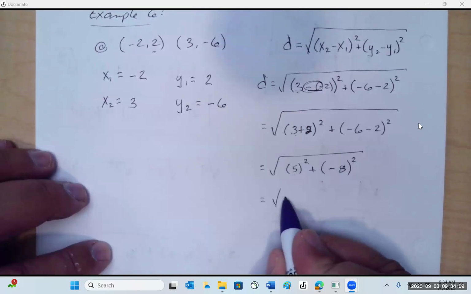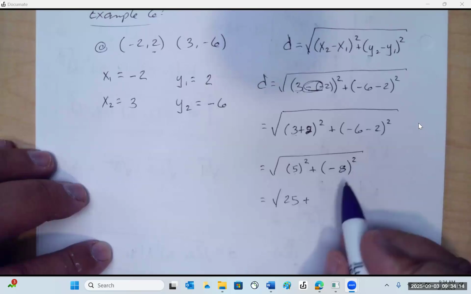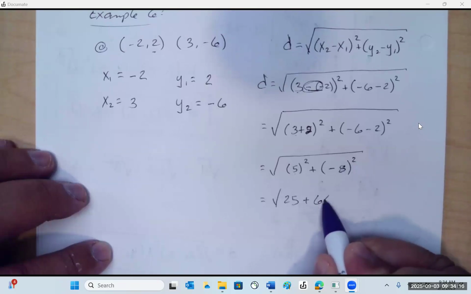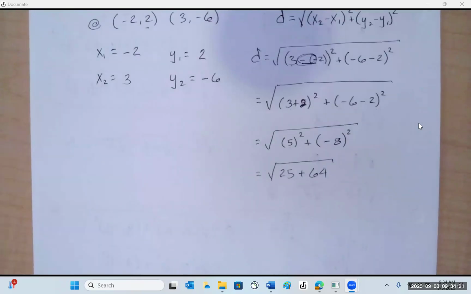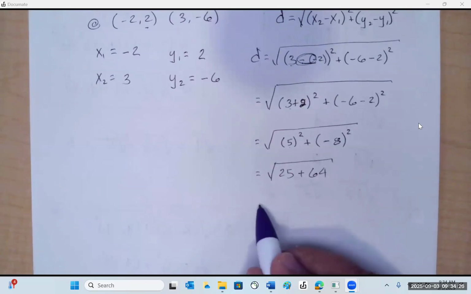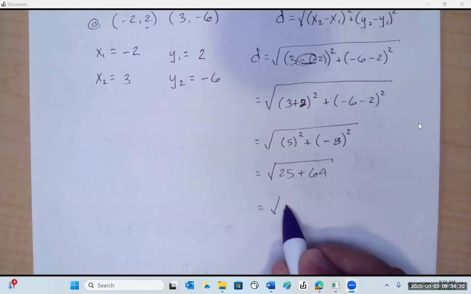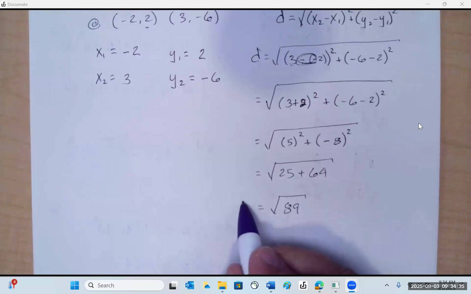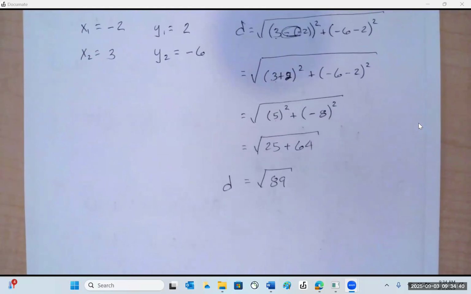Five squared is 25. -8 squared is 64. 8 times 8 is 64. 64 plus 25 is 89. 89 is a prime number.